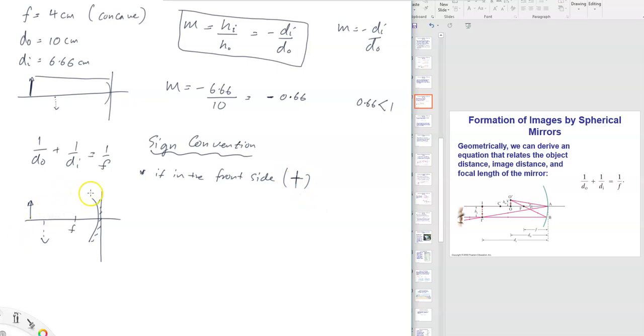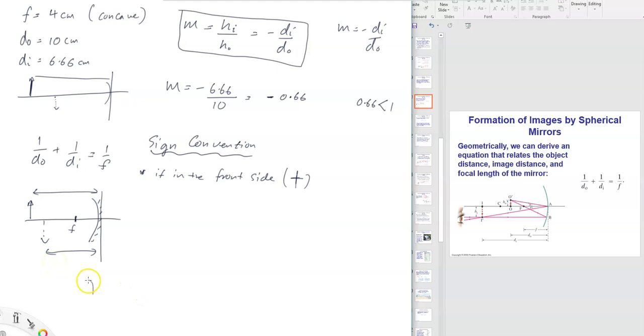Like you measure this distance 10 centimeters, that's a positive value. You measure this distance 6.6, that's a positive value because it is in the front of the mirror. This focal length also, that 4 centimeters, it's in front of it, that's a positive value. So a concave mirror has a positive focal length.